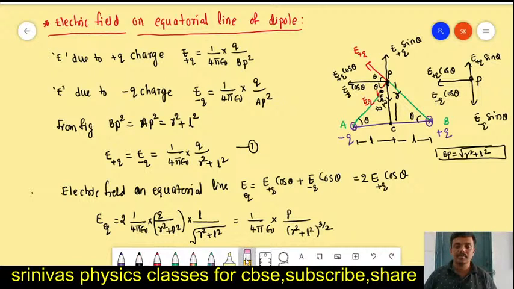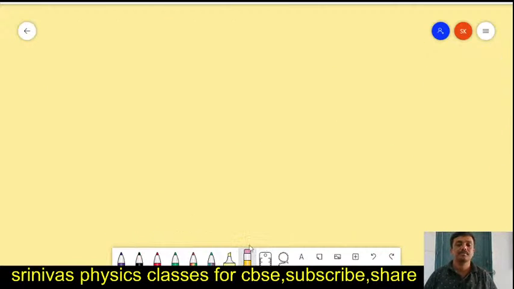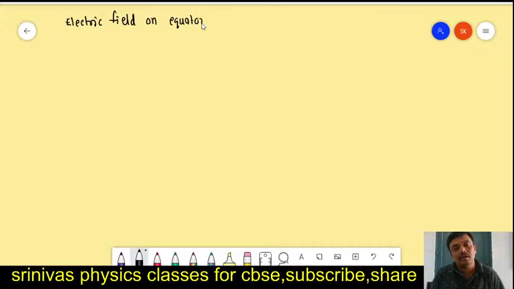Clear, students? Next, electric intensity on the equatorial line. What did you get here? Electric field on the equatorial line of dipole.